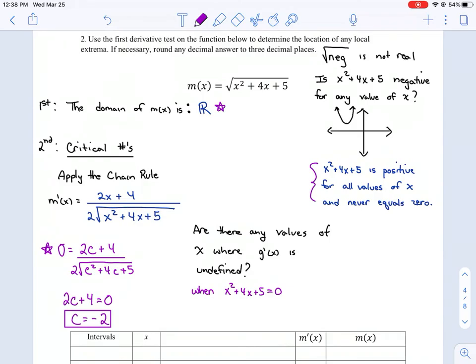Because if it was, the derivative would be undefined. And in this case, the answer is never. So the derivative is defined for all values of x.